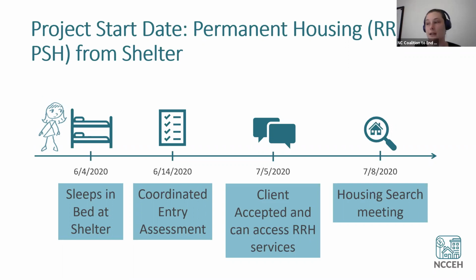Then the client accepts and can access rapid rehousing services on the 5th. That's before a housing search meeting on the 8th, the first time she's able to get that housing search meeting with the permanent housing provider case manager.